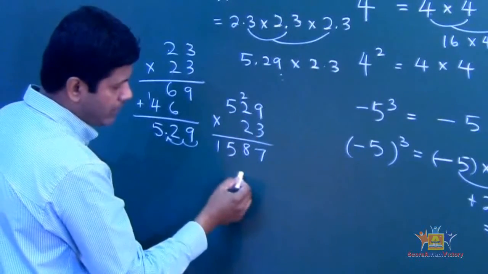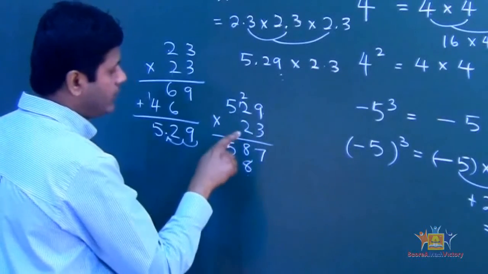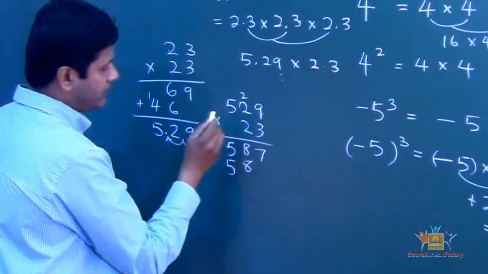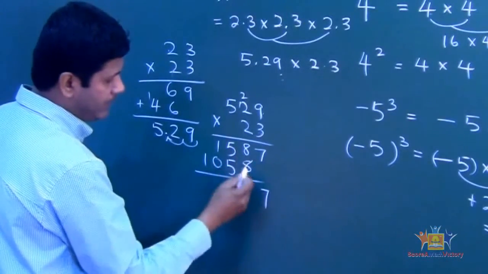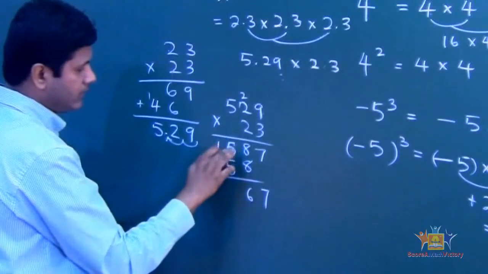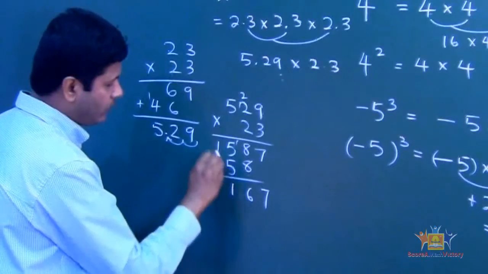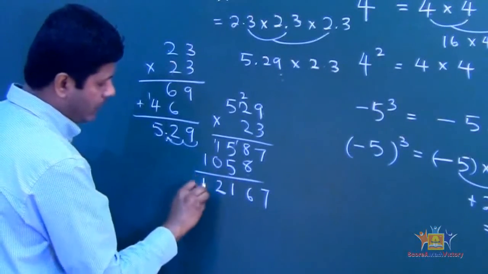You come straight down here and start right here. 2 times 9 is 18, 8 carry 1. 2 times 2 is 4, plus 1 is 5. 2 times 5 is 10, 0, 1. Now you add. 7, 8 plus 8 is 16, carry 1. 1 plus 5 is 6, 6 plus 5 is 11, 1 carry 1. 1 plus 1 is 2, plus 0 is 2, bring the 1 down.